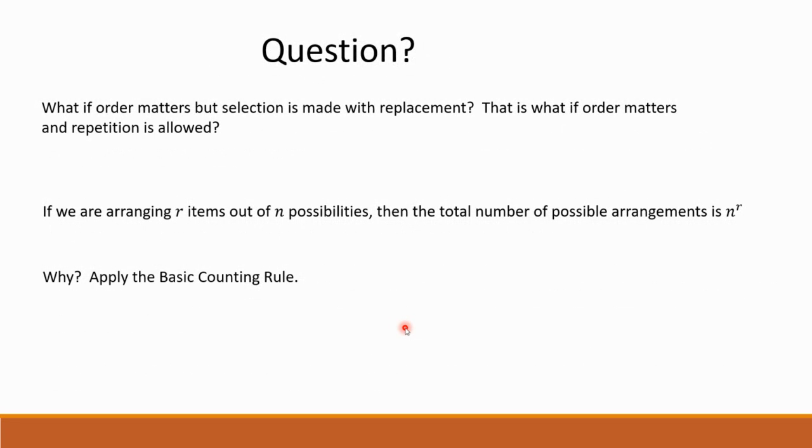But what if we allowed repetition? The very first example, order mattered. We were making passwords, but we allowed repetitions, and we got 5 to a power. It turns out in such a case, if you're arranging r items out of n possibilities, the total number is n to the r.